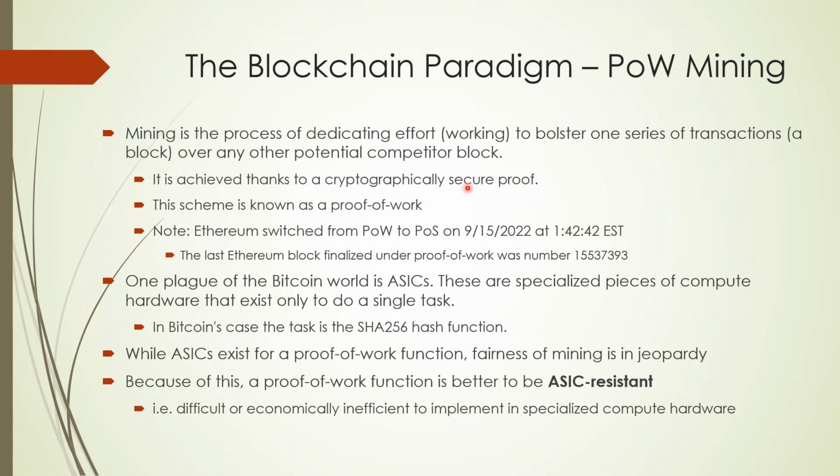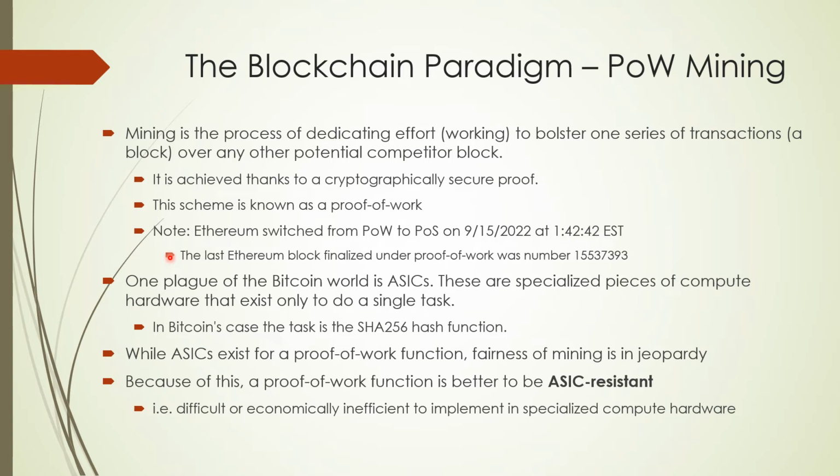Now, you all know Bitcoin and the Bitcoin's proof of work. Ethereum has recently switched from proof of work to proof of stake, but because this lecture is based on the yellow paper, I'm going to keep talking about proof of work. But just for your information, Ethereum switched from proof of work to proof of stake on September 15 of this year at 1:42 Eastern time.